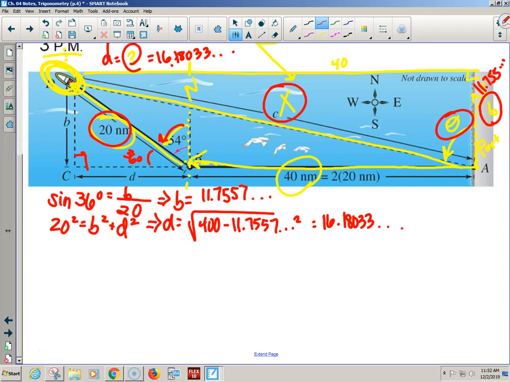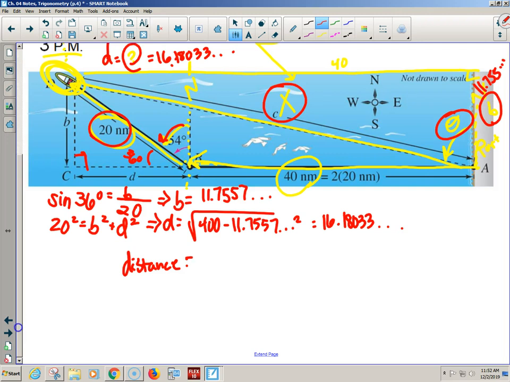How do I solve for x? Jane, this is yours. If I have one side and another side, how do I solve for the third side? Oh, I thought it was that one. So I can say that my distance, and this distance is hypotenuse, right guys? Yeah, H. Cool.